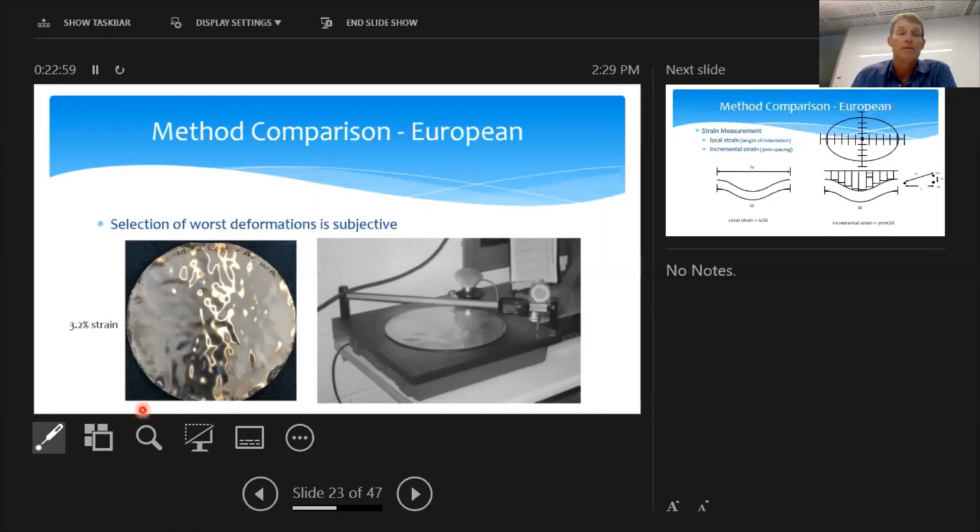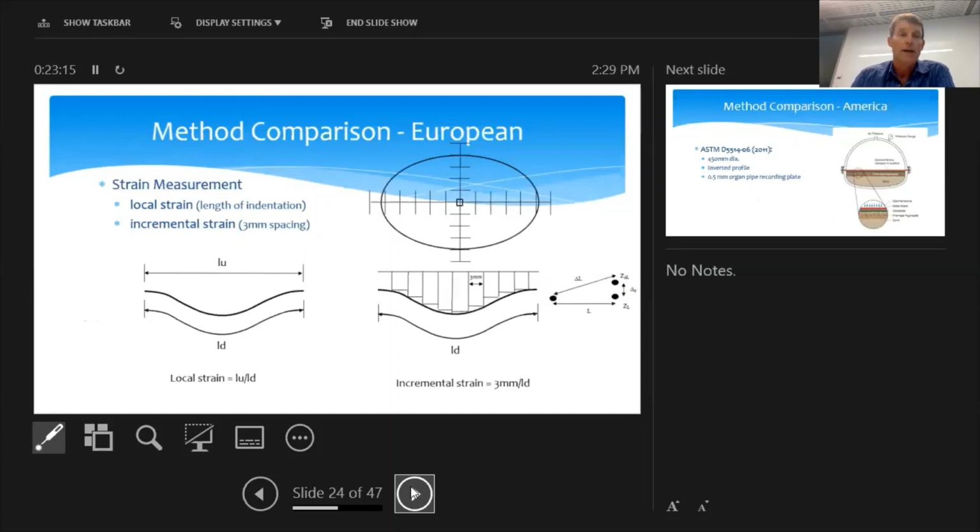You can get an idea from this plate over here, which, using the laser scanning technique, had 3.2% strain, but how would you choose which one is the worst of those indentations to measure, and how do you record it? Again, it is really important to understand this part of the data that you will get from the European method in terms of how strain is defined.